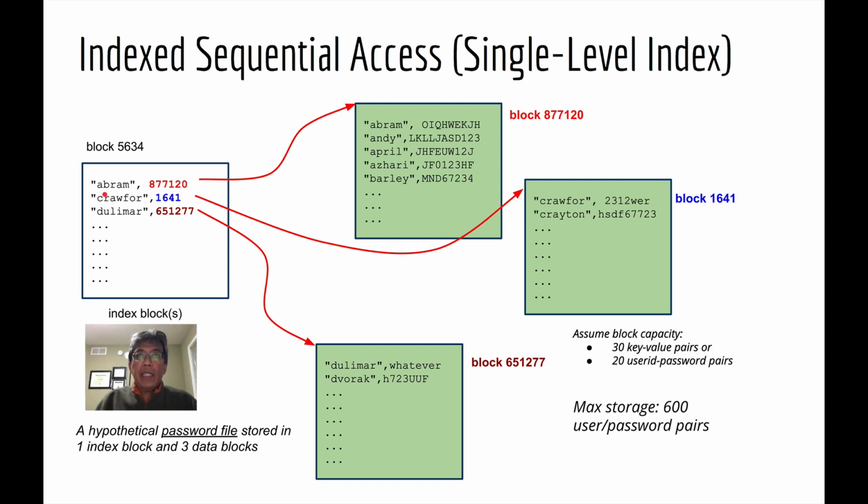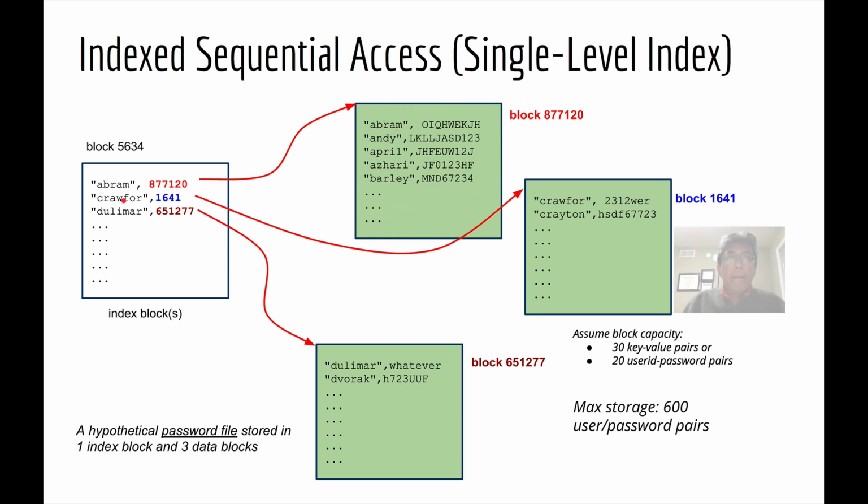The first index entry shows where blocks of username beginning with Abram can be found, which is actually block 877120, which is this block. The second index entry shows where to find the block of username beginning with Crawford, which is in block 1641. Each data block holds user ID password pairs, also sorted by user ID.